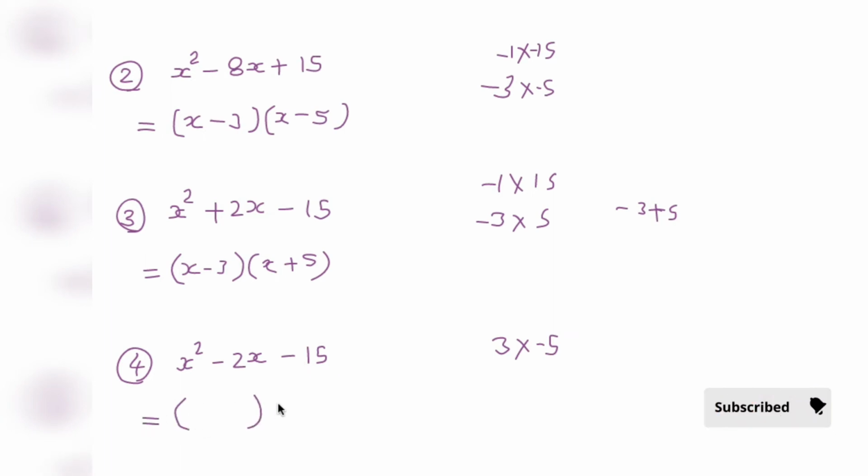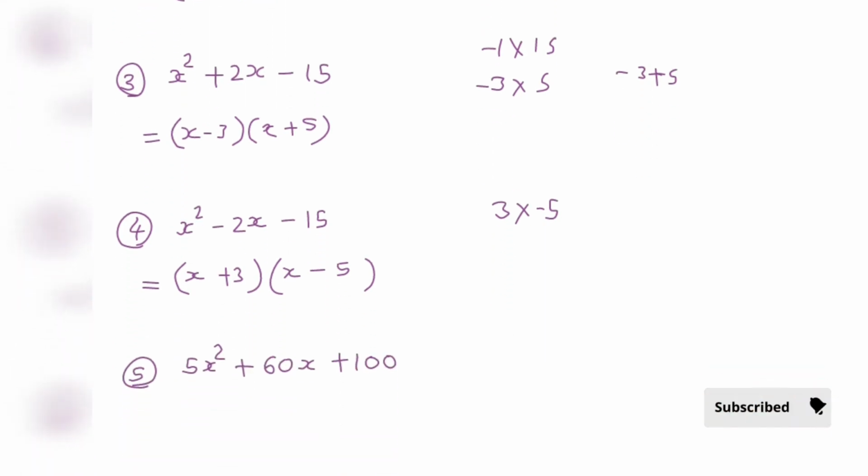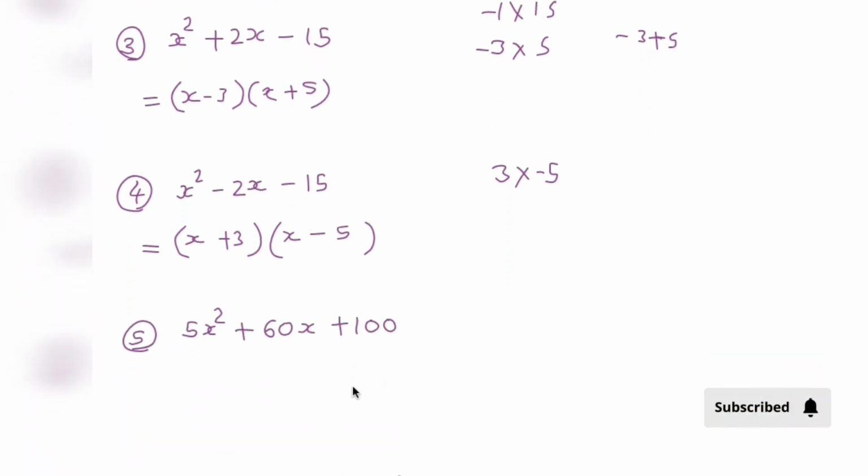If you have good knowledge about integers, the addition, subtraction, multiplication and division rules of integers, it is very good. Otherwise you make mistakes. So here plus 3, minus 5. I hope you are getting my point.